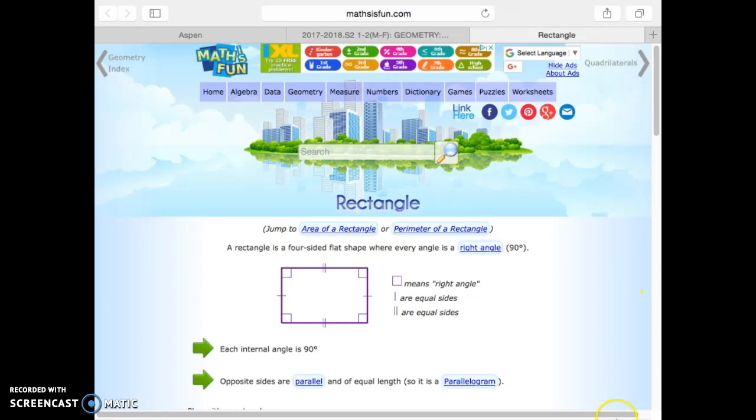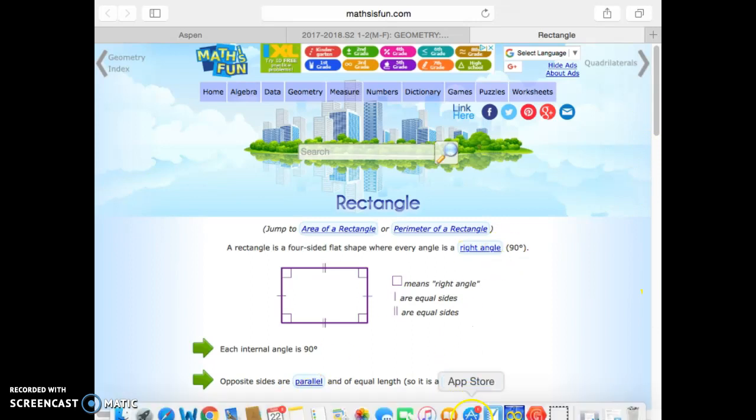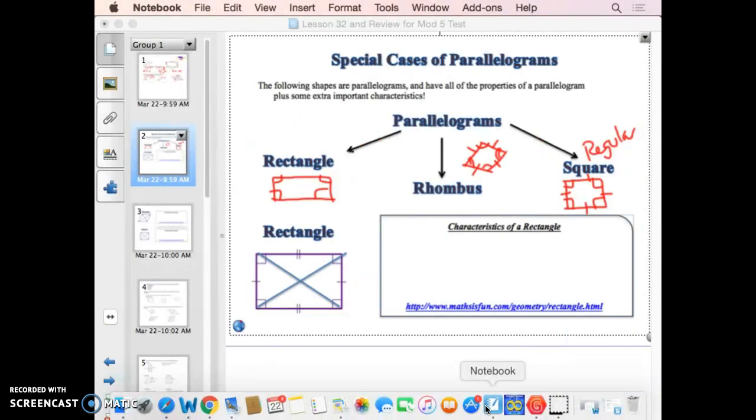Okay. So an example, I'll go ahead and do this for an example. An example would be characteristics. They have equal diagonals. So that basically means that this and this and this and this are all the same.